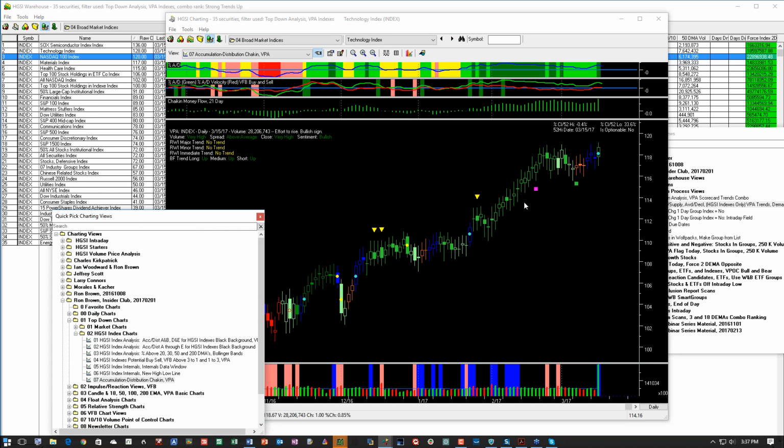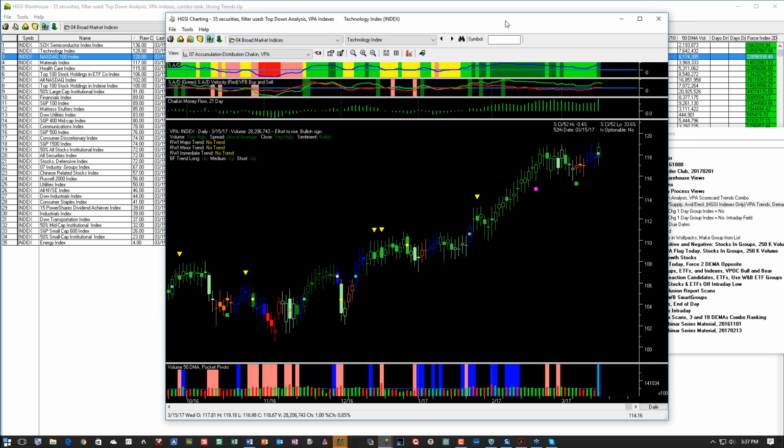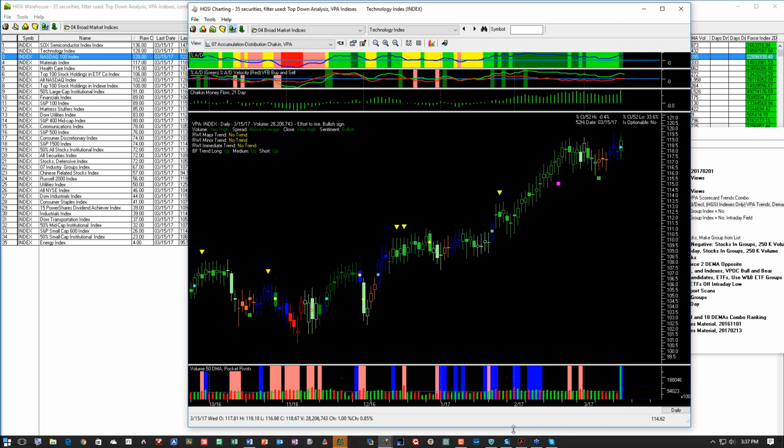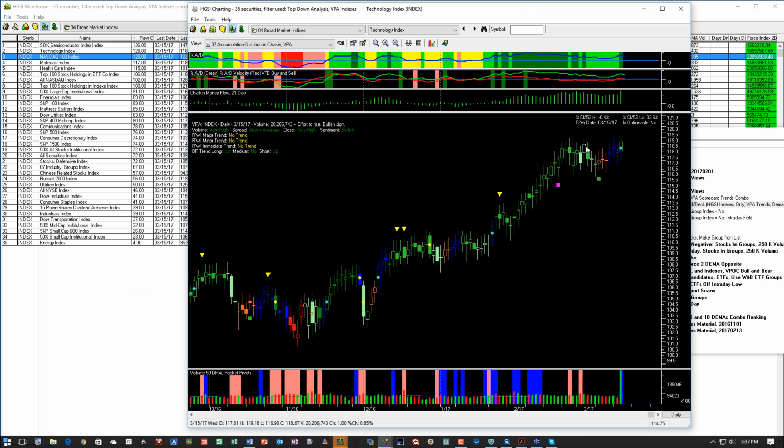And what this chart is set up as is a trend chart. So whenever the trend changes color, then you know that it is shifting around. And to find out what the trend is at any time, just look over here at this best fit line.